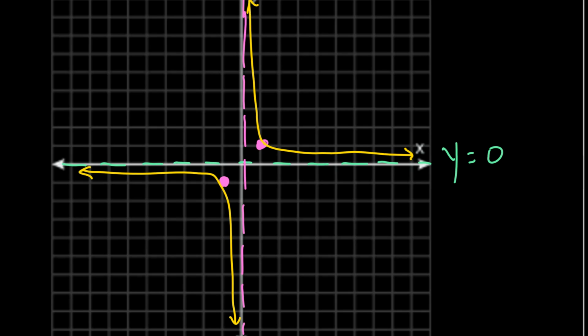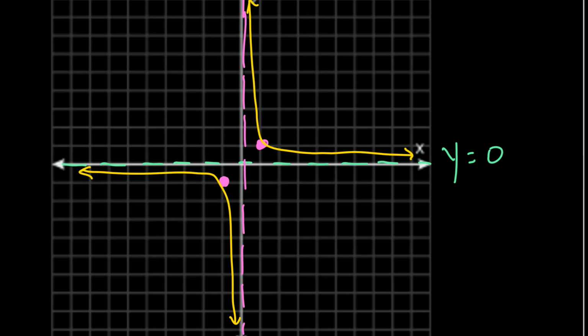Are there any questions on how this parent function looks? Quick side note, what do you think the domain of this graph would be? There are two separate intervals for our domain.